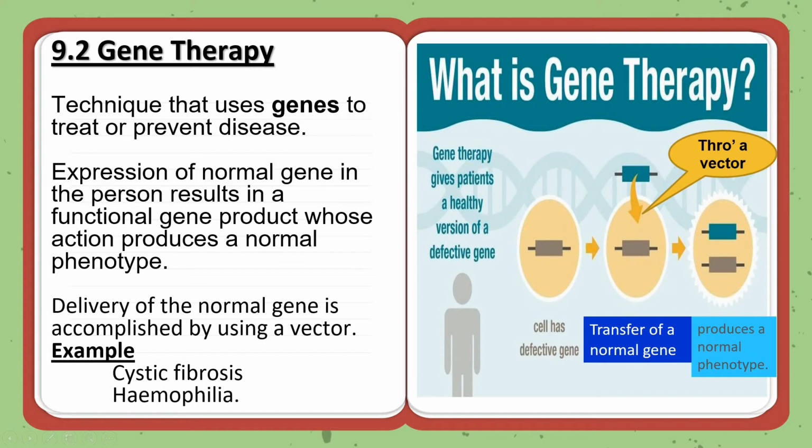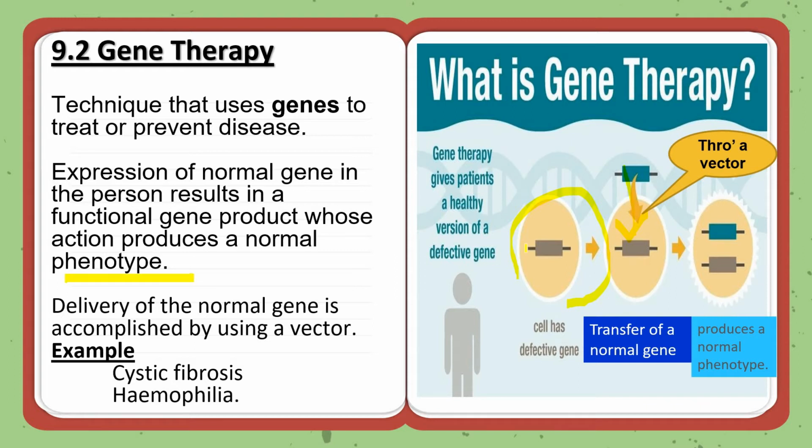See here, when the particular gene is defective, we can replace it because it produces a defective phenotype. For example, we introduce the particular gene through a vector and thereby it produces a normal phenotype. The expression of the normal gene in the person results in a functional gene product whose action produces the normal phenotype.